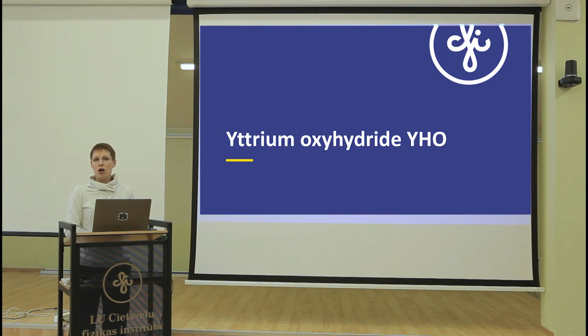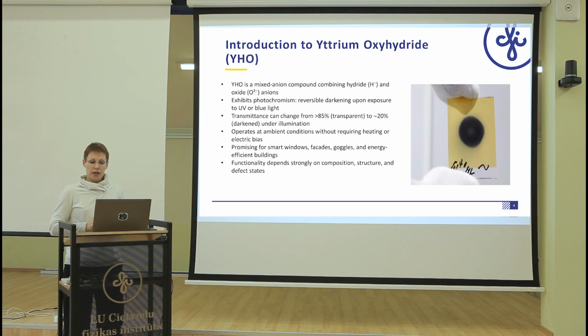So let's see now what is yttrium hydroxide. Yttrium hydroxide is a mixed anion compound that combines hydrogen and oxygen ions. It shows photochromism, meaning it darkens reversibly when exposed to UV light or blue light.